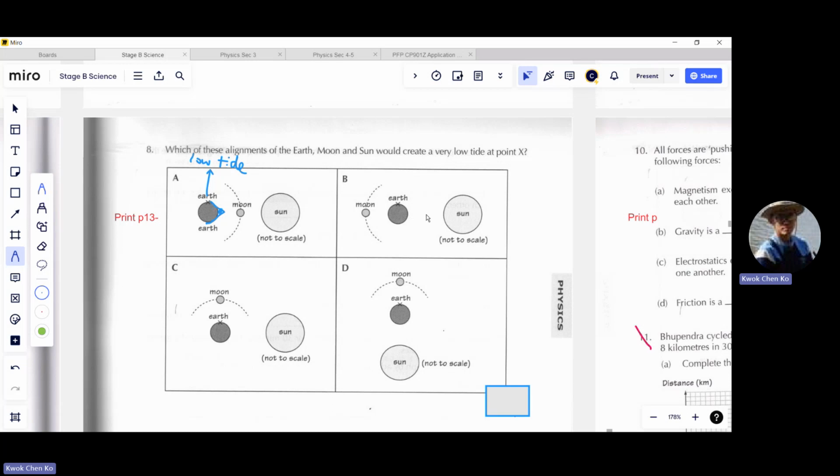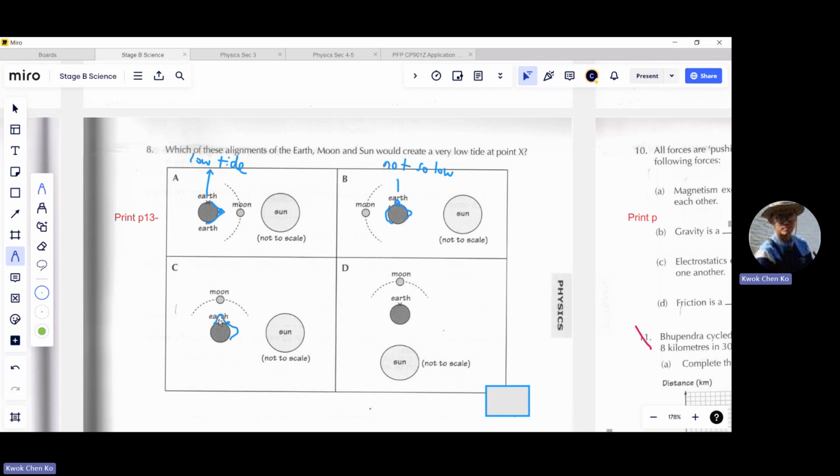But look at here. What happens? My water is pulled towards here and towards here as well. Now I have two opposing forces. I will have a low tide here, but not that low. How about here? My water is pulled towards the sun, but some of it is pulled towards the moon too.